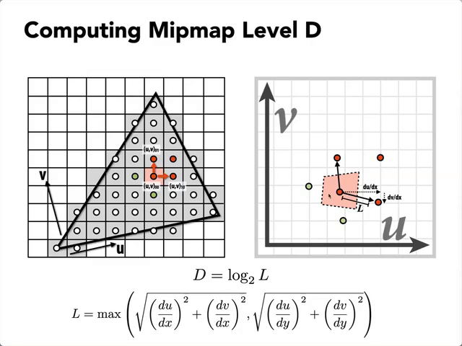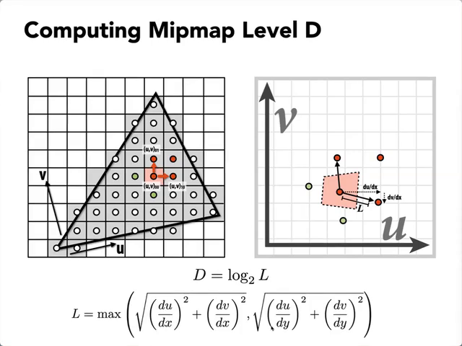That's geometrically what's going on. That's represented by this max, the maximum length between this one and this one. So this quantity is just the length of one of these vectors from the partial derivatives du/dx and dv/dx. These are the vectors that are drawn here. So this is just, by Pythagoras' theorem, the length L for this one or this one, and we take the max of those two.